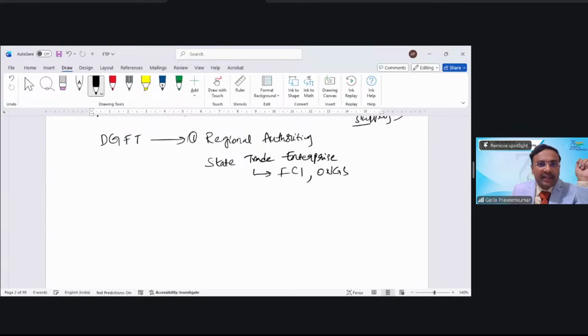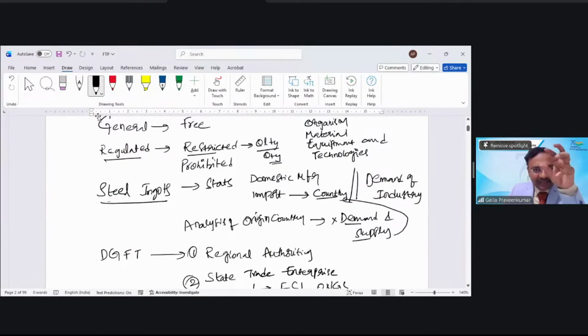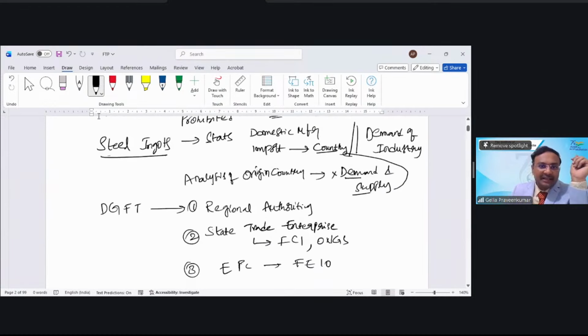So I have a regional authority, I have a state trade enterprise, and then promotion, which I call the EPC, Export Promotion Council. These are the various organizations, like your FIEO. These are the authorities who regulate, like I was saying, analysis within the country and analysis outside the country. Now, these are all done by DGFT with their nodal agencies to get the information. How do I control? How do I regulate?